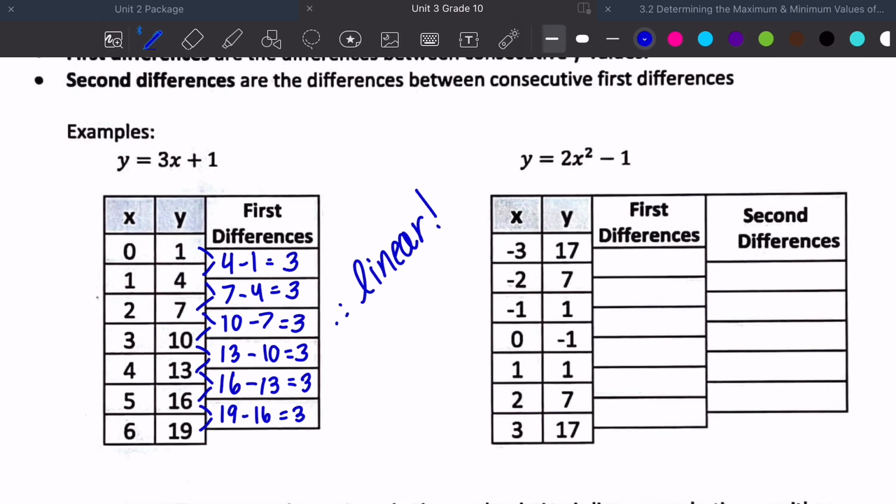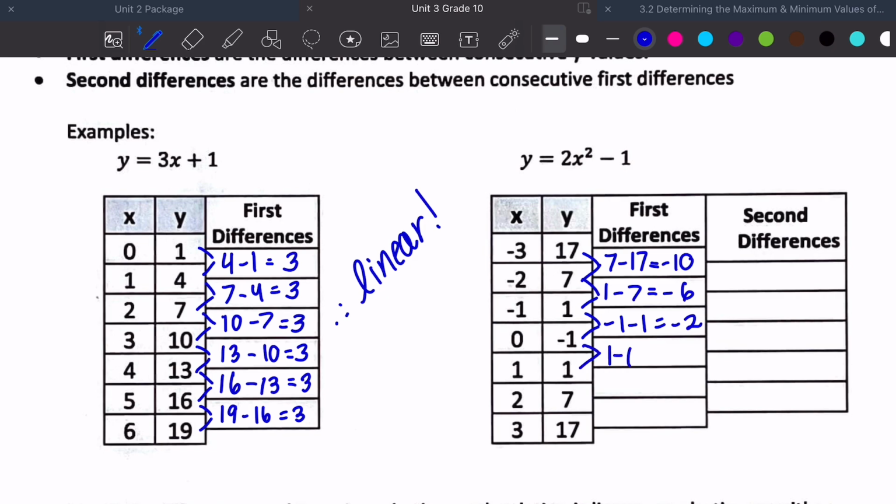Whereas if you see this equation, 2x squared minus 1, and I look at those y differences, I say, okay, 7 minus 17, that's negative 10. But then 1 minus 7 is only negative 6. And then negative 1 minus 1, that's negative 2. So even the first three are not the same.